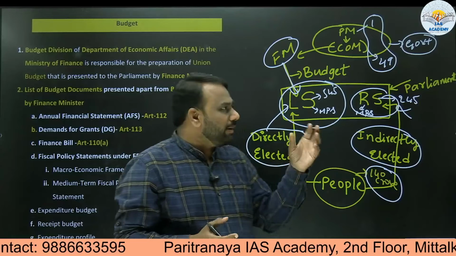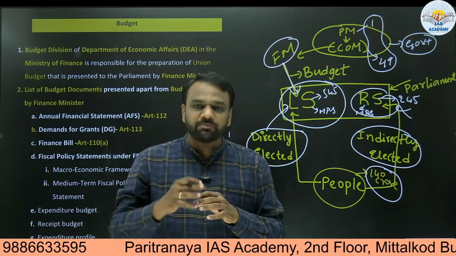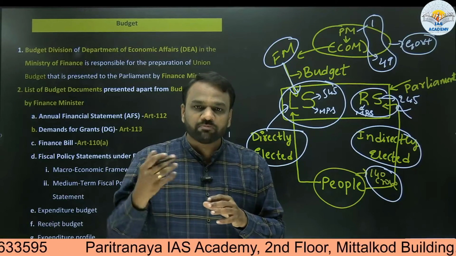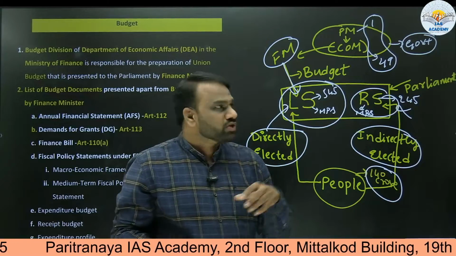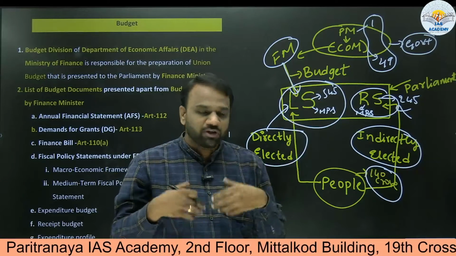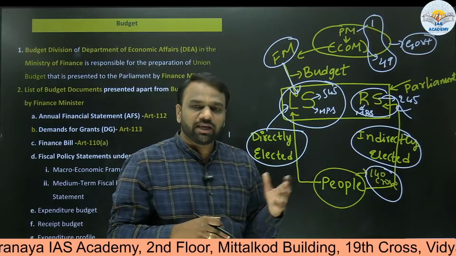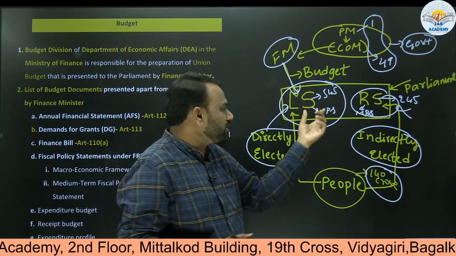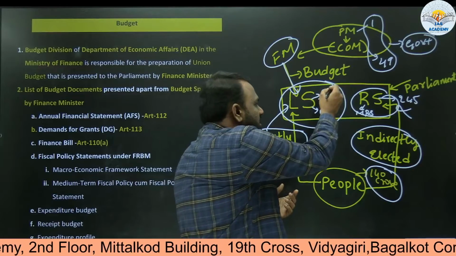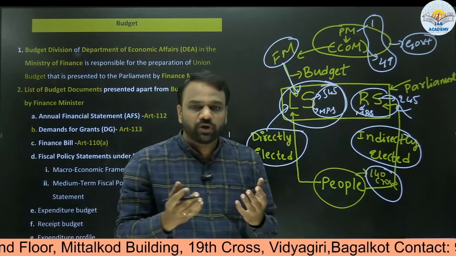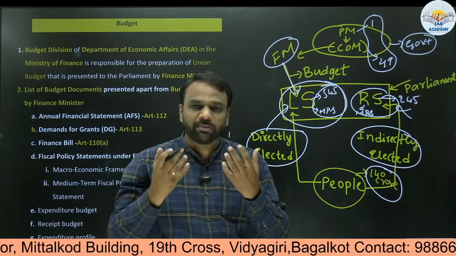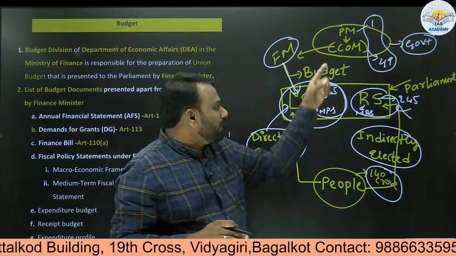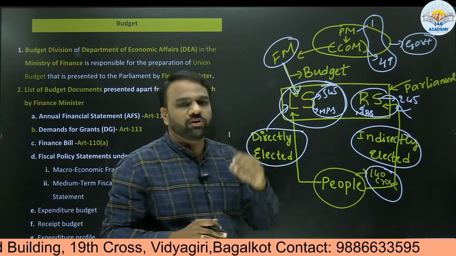To ensure that the amount is being properly collected and properly spent, before spending or collecting, the government has to take the permission of 140 crore people. But they cannot take the permission of 140 crore people, so rather they take the permission of the representatives of the people, that is Lok Sabha MPs. So they present the budget in front of Lok Sabha MPs.